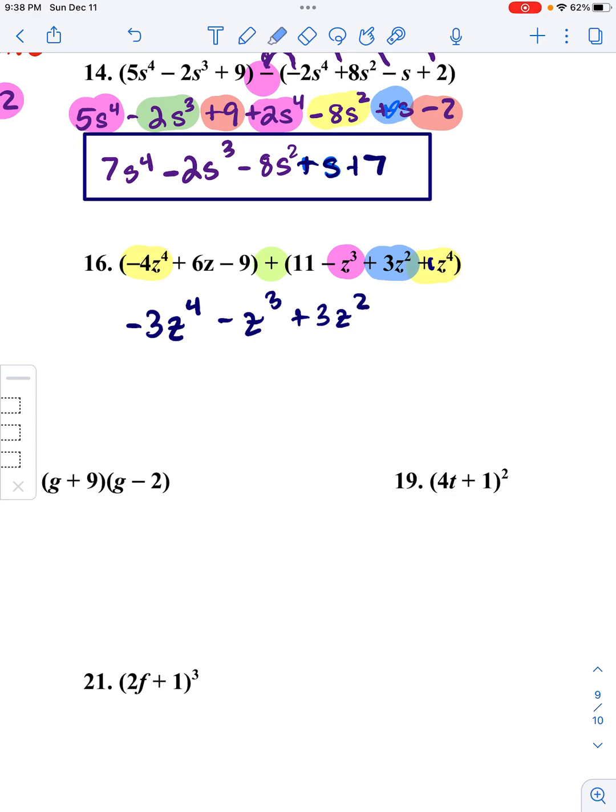Then I go back and look for any plain z's because I've gone 4, 3, 2. So now z's to the 1 power. The only one I see, plus 6z. And then last, I go hunting for my constants, just plain old numbers. And I have a -9 and a +11. So that's going to turn into a +2.